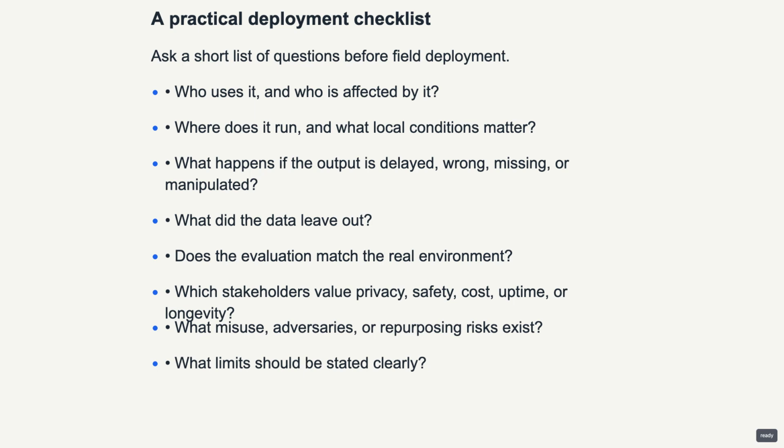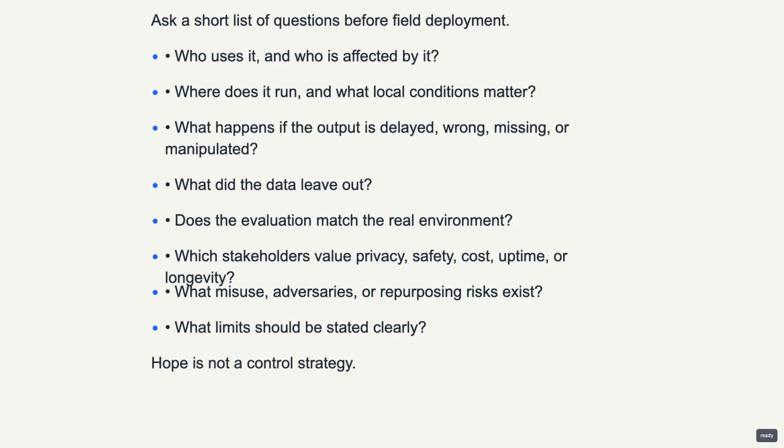Clear boundaries reduce overtrust and make the product safer to use. Misuse is a design concern, not a surprise. A tool built for infrastructure can be redirected toward surveillance or evaluation unless the team puts real limits and safeguards around it.